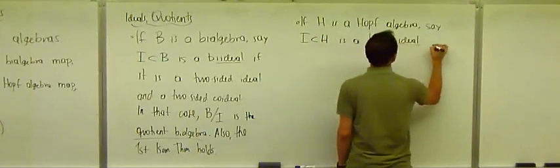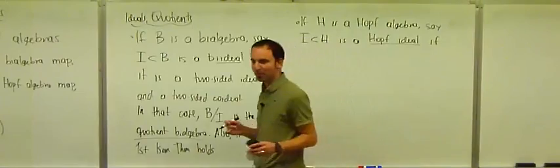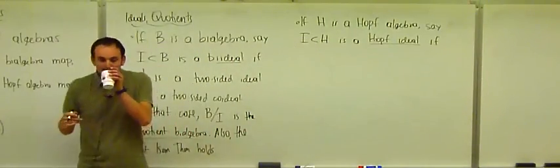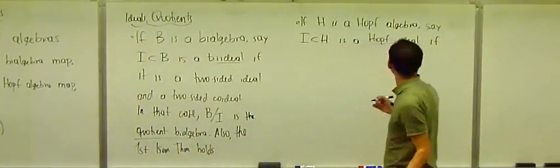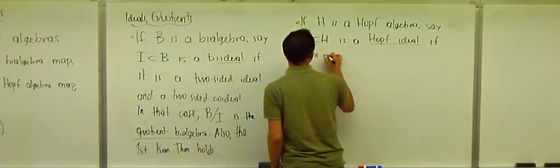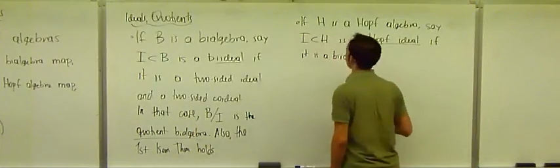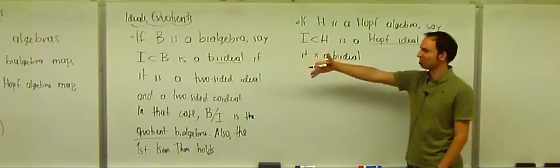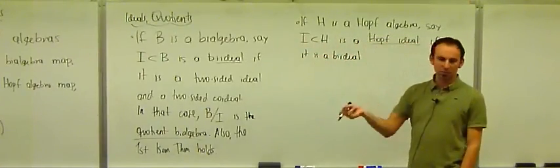What do you guys think? What should we require in order to be a Hopf ideal? That it's a bi-ideal. And also that the antipode of the ideal is contained in the ideal. So it should be a bi-ideal, right? Because this is supposed to be stronger than this, but the antipode needs to come into play.